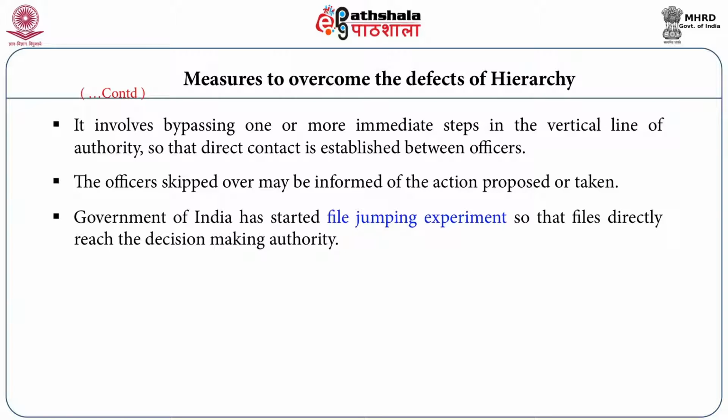However, this jumping can be done with the prior permission and intimation of the immediate superiors. In the Indian context, the Government of India attempted level jumping in the public organizations, whereby it leads to lower levels of bureaucracies.